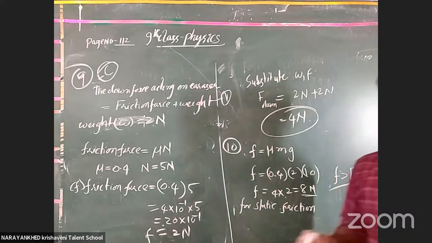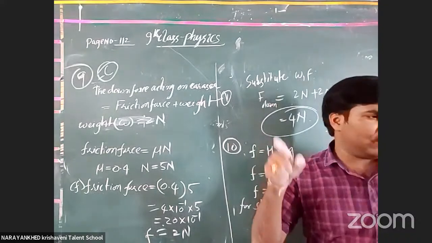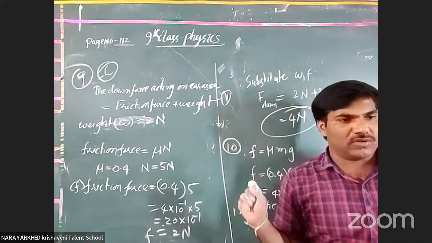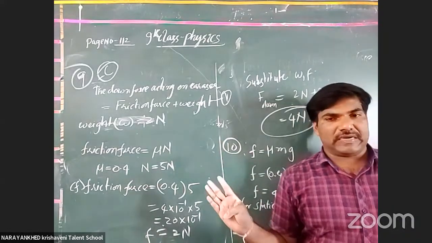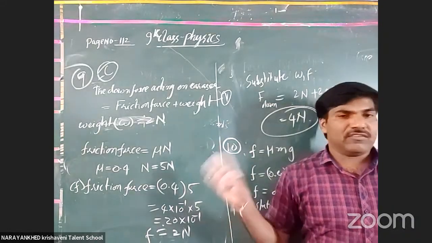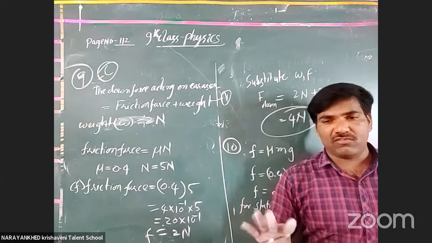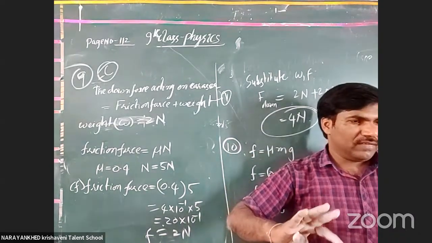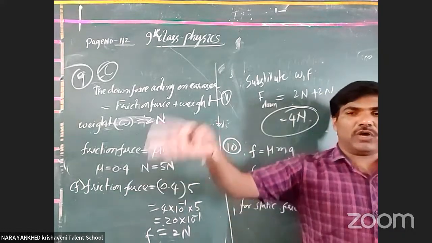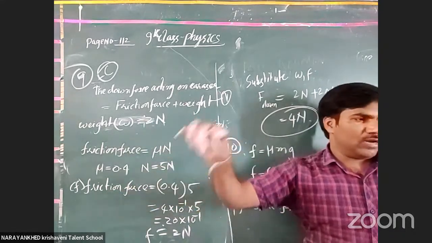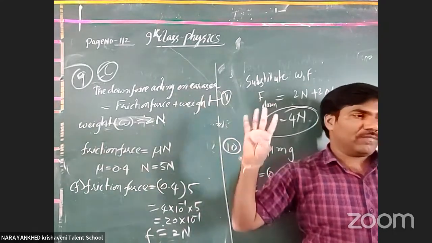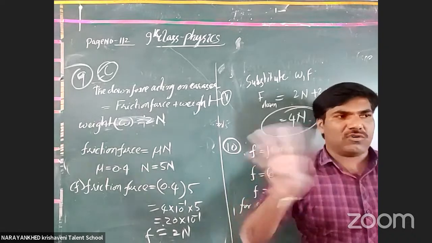In the options, they gave 8 newtons, 2.8 newtons, 2 newtons, and 0 newtons. 0 newtons is not correct. 2 newtons is also not the answer, because it is less than the applied force, and because of that the body would not stay at rest. At 8 newtons, the body is moving, so there is no static friction.